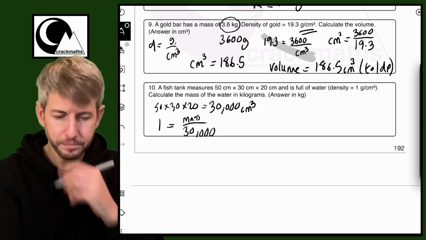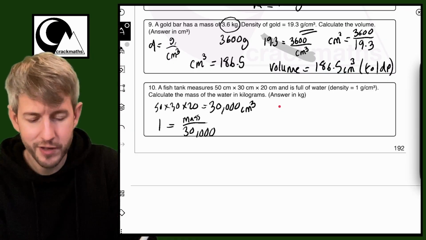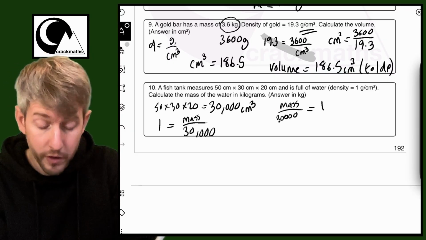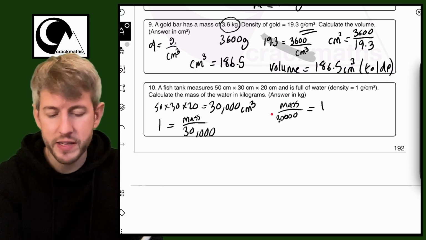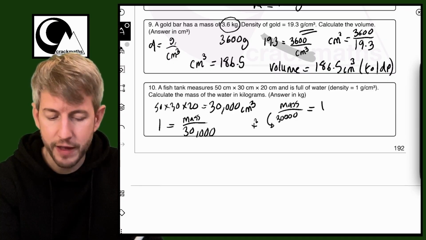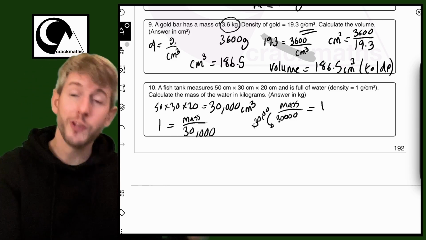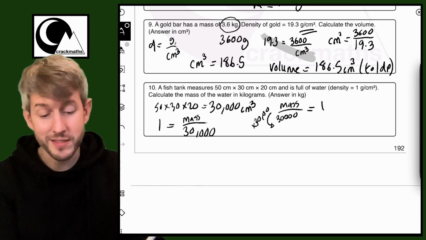So again, let's write it like this. Mass over 30,000 equals 1. In order to get the mass by itself, we've got to times it by the 30,000, because mass divided by 30,000 times 30,000 takes us back to the mass.